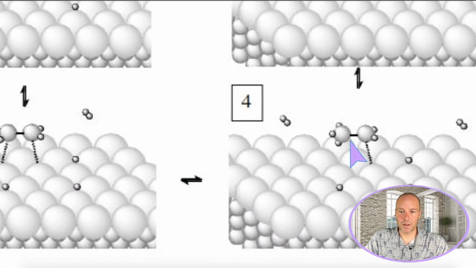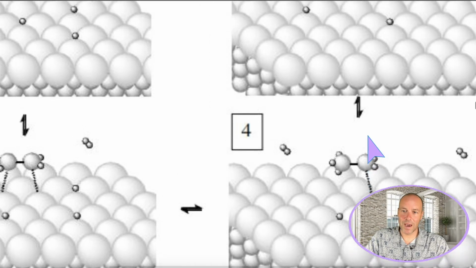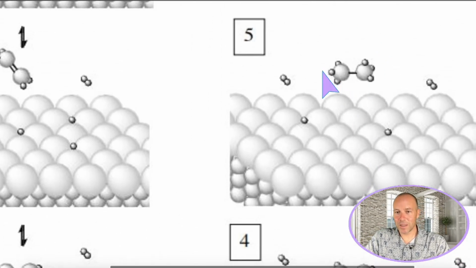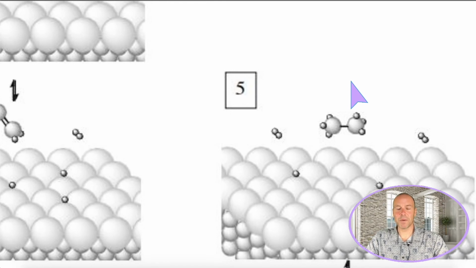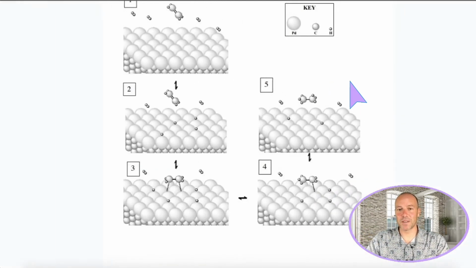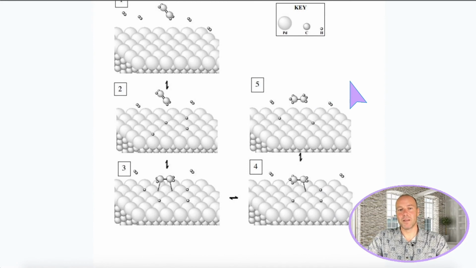And so one has added to this carbon, and that detaches this carbon from the surface. Then you have another adding to that one, and then you get the product molecule. Okay, and that's how it happens. You have the reactant molecules become attached to the same surface. The reaction happens at the surface, and then they detach from the surface. And catalysts are very useful because they're not used up in the process.